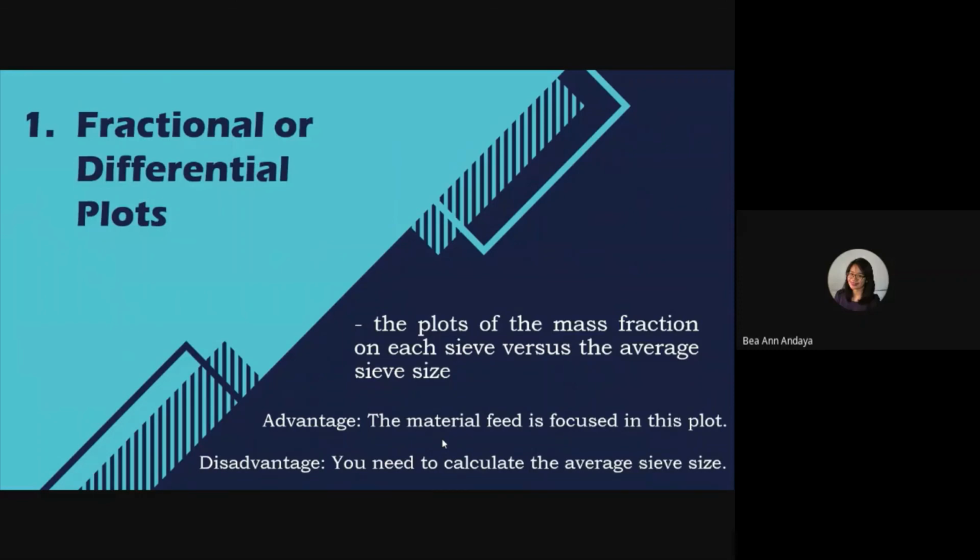Yun yung na-measure natin kanina. And second one is to know the average sieve size. Pag sinabi natin na sieve size, ito yung apertures. The advantage of using differential plots is it is focused on our material feed. Yun nga lang, kailangan pa nating mag-compute ng average sieve size.